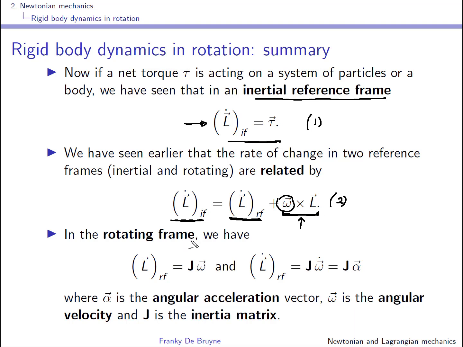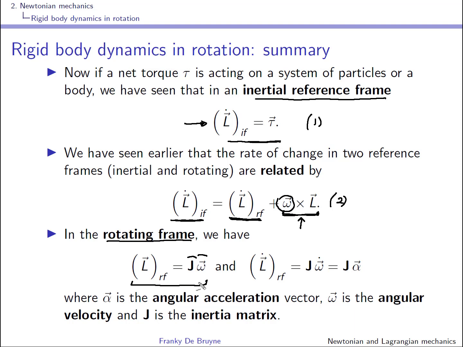Second equation: we've just seen that in a rotating frame that is attached to the system, and very often we'll say that the origin of the frame lies at the center of mass, we have this result here, that the total angular momentum in the rotating frame is J, our inertia matrix, times the angular velocity vector.